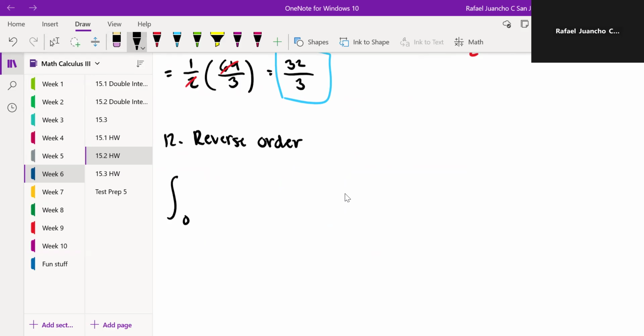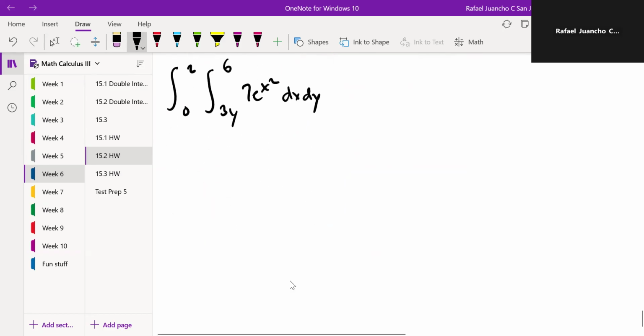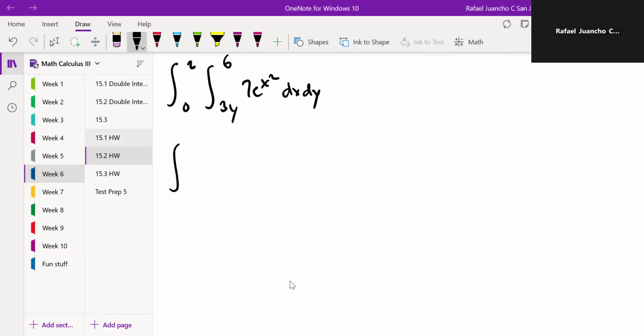I'm going to say 0 to 2, 3y to 6, 70 x squared dx dy. Yeah, and then here I start integrating with respect to x.